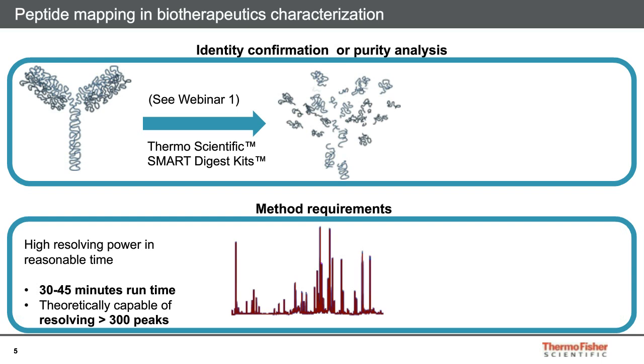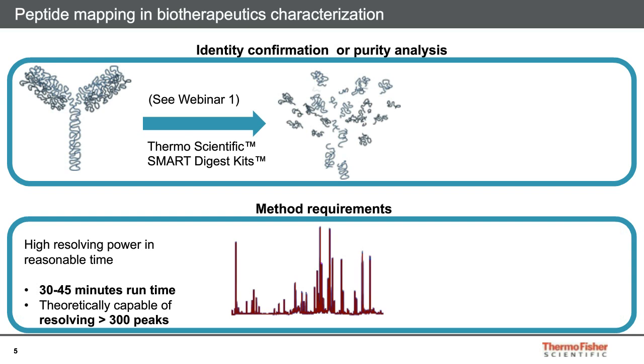What happens is normally that you take your protein, you digest it normally with trypsin, and then you obtain a mixture of peptides. And then you analyze these peptides by LC-MS or LC-UV. Normally we recommend to use the Smart Digest kit for this. That would be a trypsin kit that was extensively explained in the previous webinar.